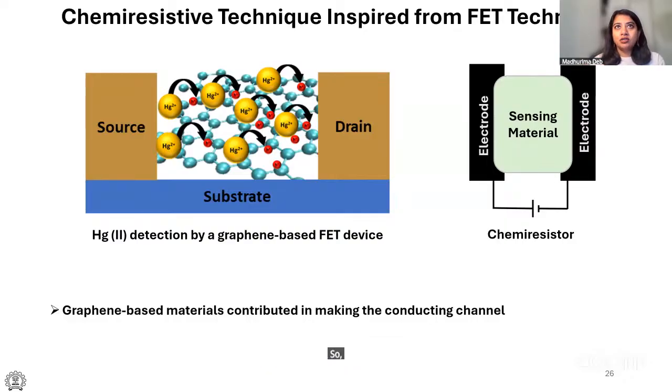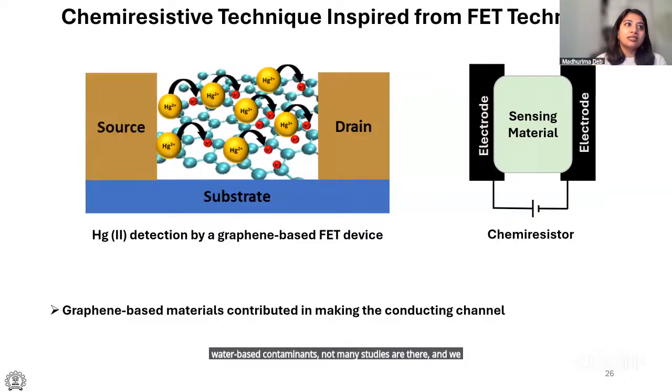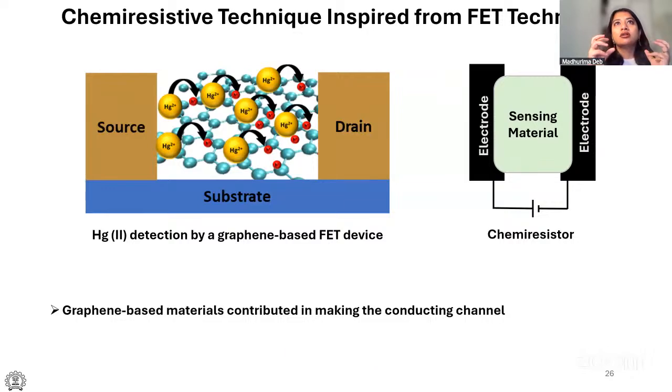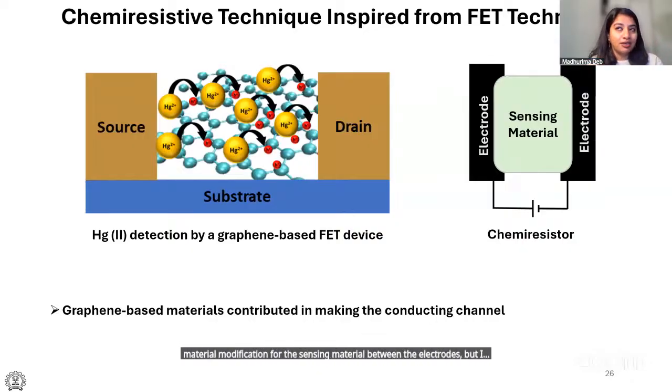So I have tried to reduce this concept into a chemi-resistor. A chemi-resistor is a very basic concept for gas sensing, but not for water-based contaminants. Not many studies are there, and we need extensive material modification for the sensing material between the electrodes, but I gave it a try anyway.